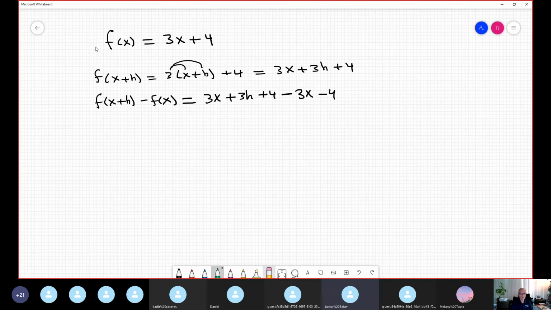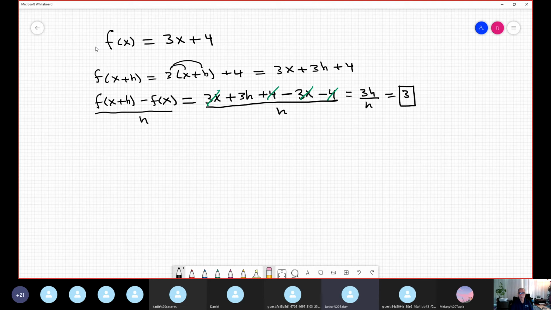I can see now, this guy is cancelled. It always happens in this step. A lot of people cancel and only 3h stays alive. Divided by h. It's obvious that we get 3, exactly as we expect. In this case, the difference quotient coincides perfectly with the slope, because this is a line.